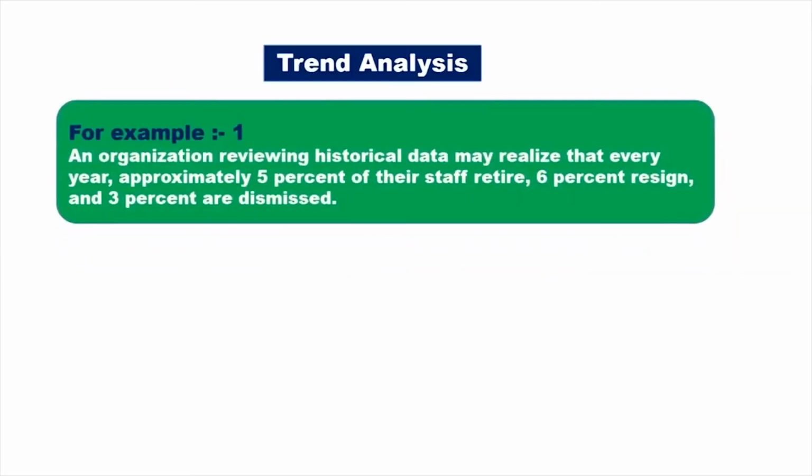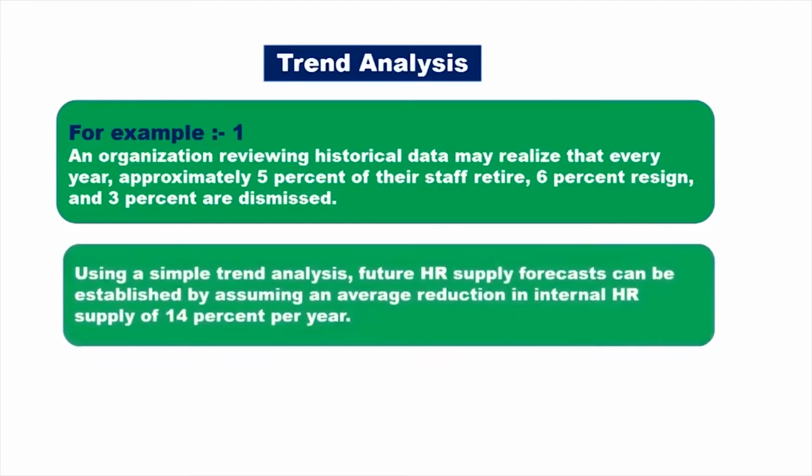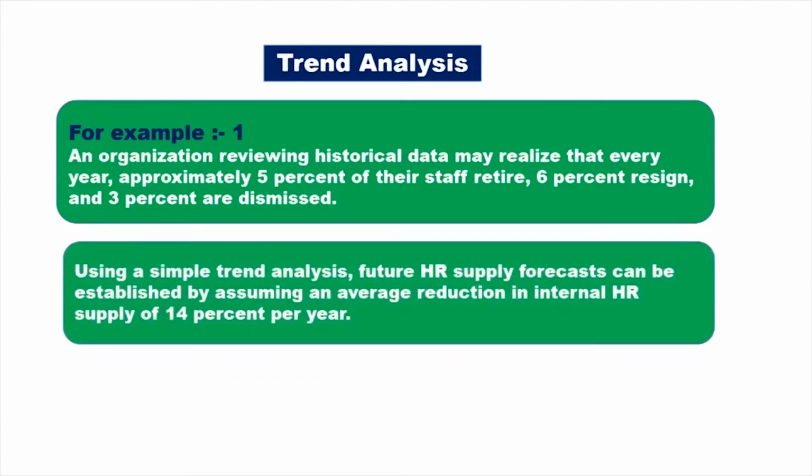For example, an organization reviewing historical data may realize that every year approximately 5% of their staff retire, 6% resign, and 3% are dismissed. So using a simple trend analysis, future HR supply forecasts can be established by assuming an average reduction of internal HR supply of 14% per year.